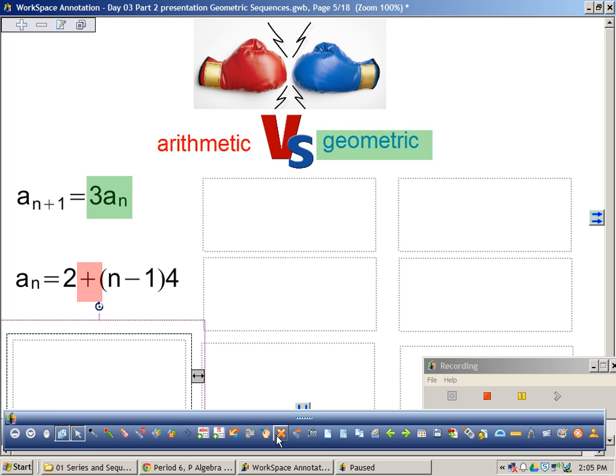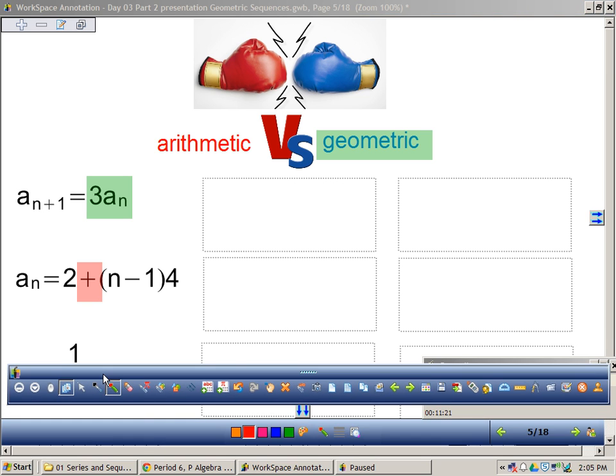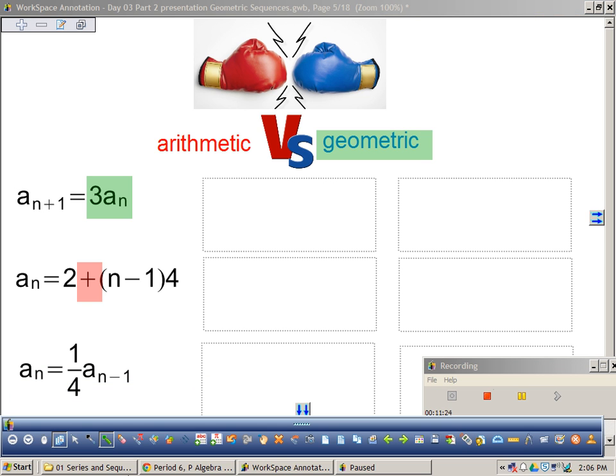Arithmetic or geometric? I think we only have one person that doesn't agree. So this one, I think some in the last class were getting confused about this down here. There's some subtraction in there, but that doesn't count because that's just part of the subscript.